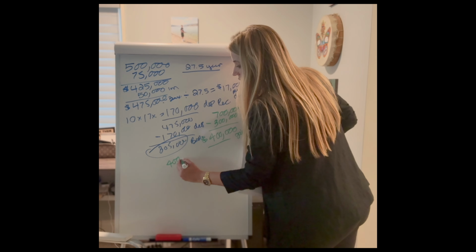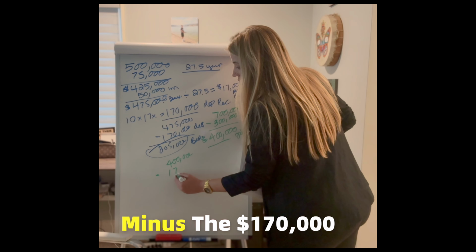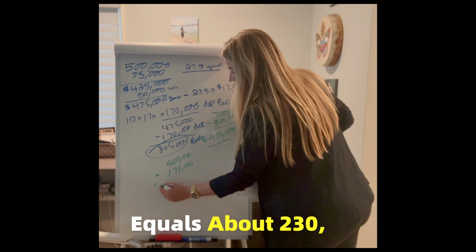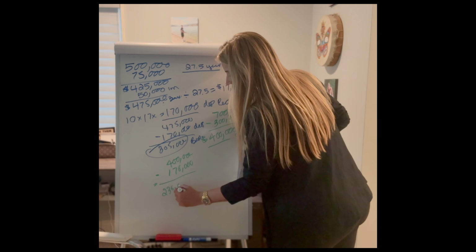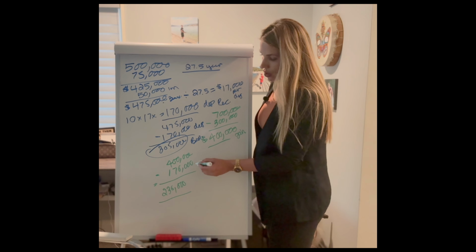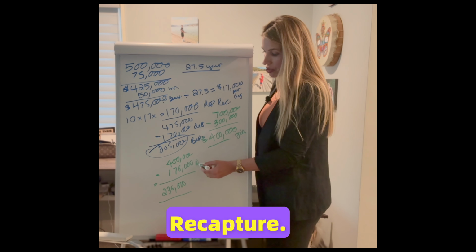$400,000 of gain minus the $170,000 equals about $230,000. What do those two numbers represent? Well, we know the 170 is the recapture. The 230 is our capital gains. But here's where people get lost and confused.